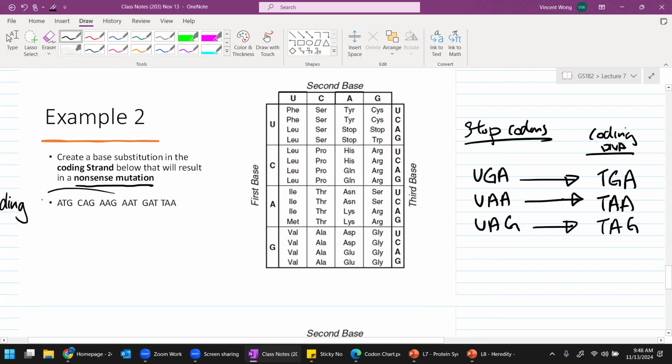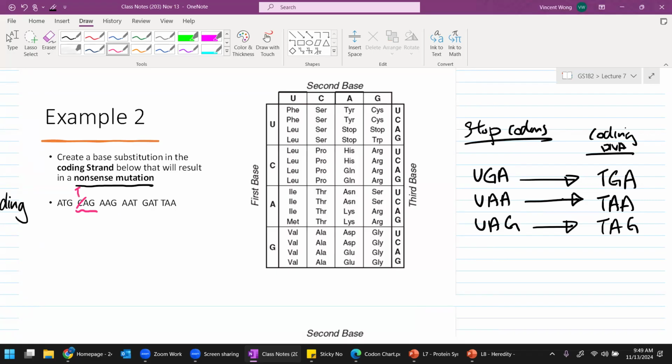Since this is the coding strand that's given, all you have to do is change a letter to create one of these. So over here, I see CAG. If I change the G to a T, then it's a stop codon now. If you do transcription of TAG, it's going to become UAG, which is a stop codon.